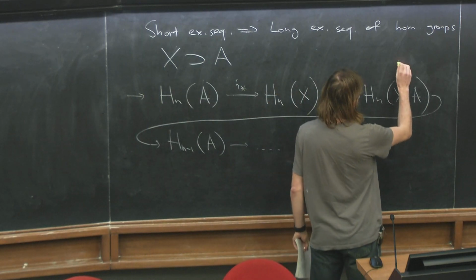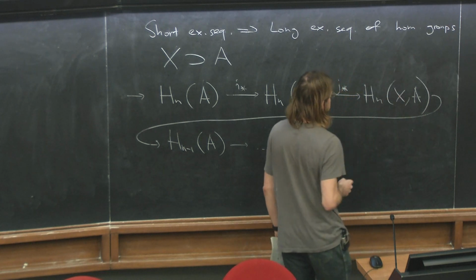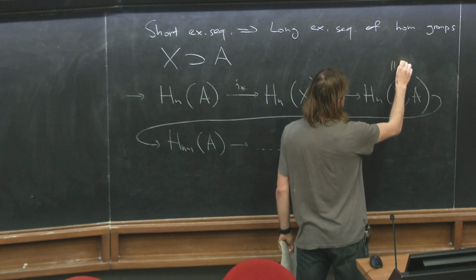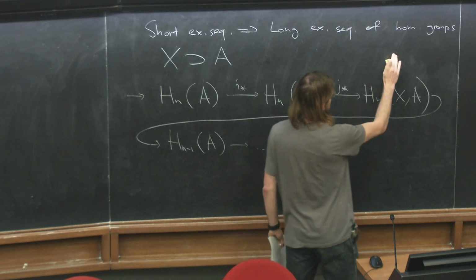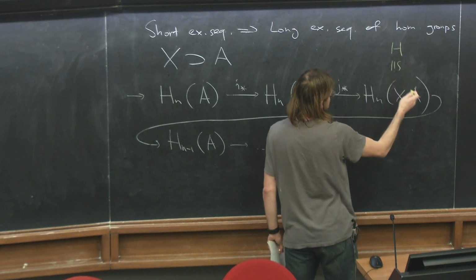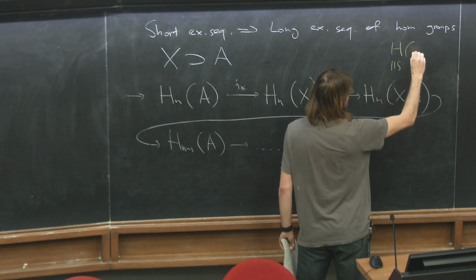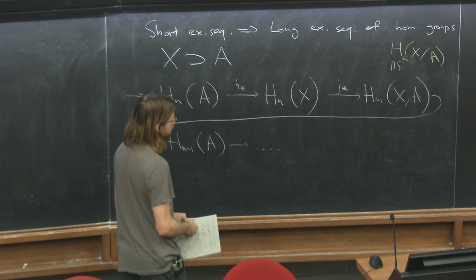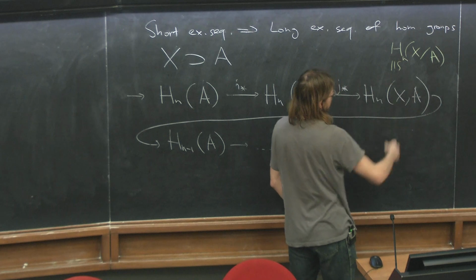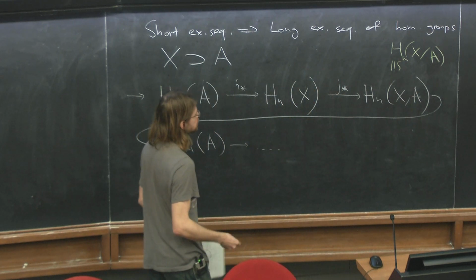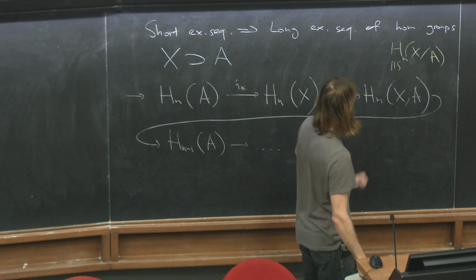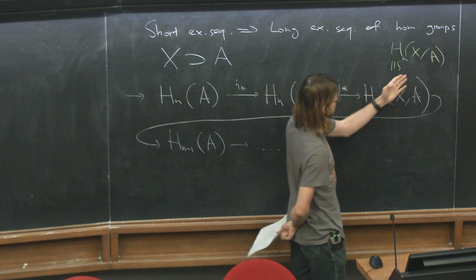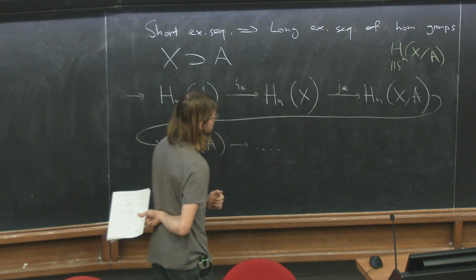Our goal essentially for the rest of the course is to show that, under some assumptions, after some subtleties which we will clarify, and under some condition on what kind of subspace this is, the relative homology group is essentially isomorphic to the homology group of a quotient where we identify all points of the subspace A. Combined with this long exact sequence, this will give some tools of calculating homology groups of such quotients.